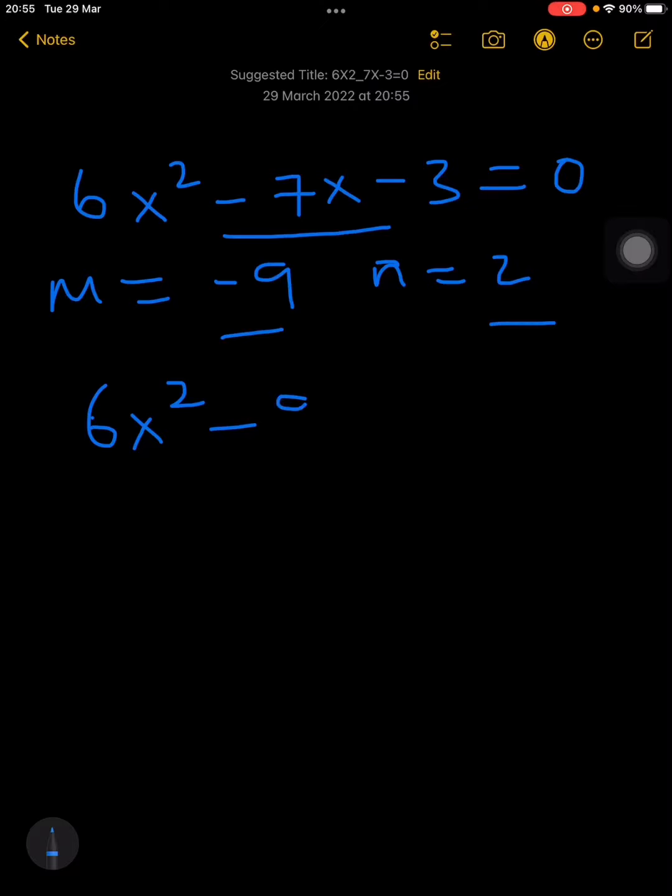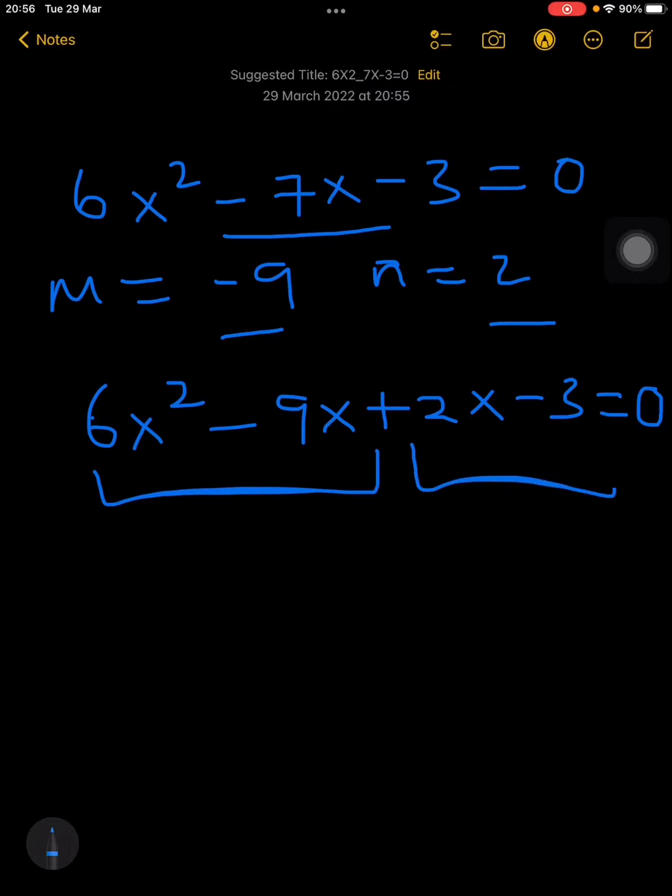So we subtract 9x, and then we add 2x, minus 3 is equal to 0. We haven't changed anything. If I take negative 9x plus 2x, I still get negative 7x. Then now from there, I take this 2 and I take this 2.